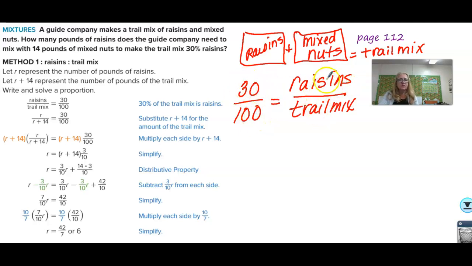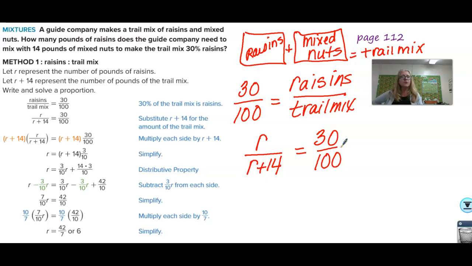So if we're going to use this word fraction, we would set it up like this. They want R plus 14 to be the number of pounds of trail mix they're going to make. So you would have the number of raisins, which would be R, over the pounds of trail mix, R plus 14, equal to 30 over 100.